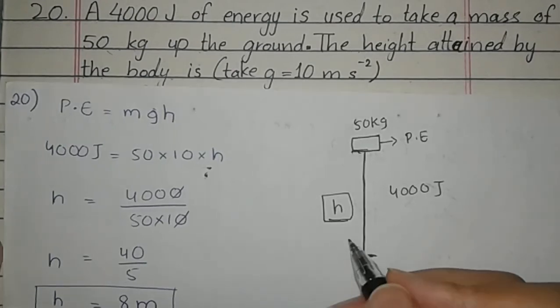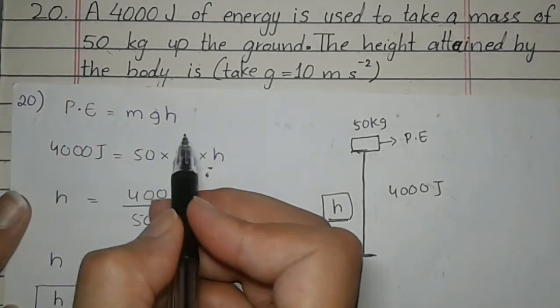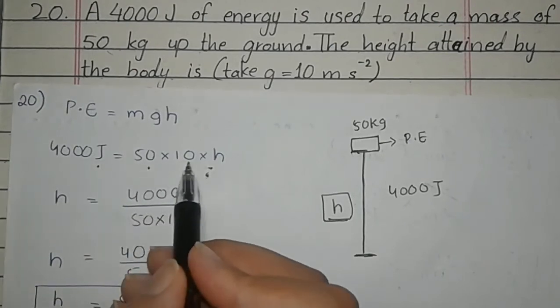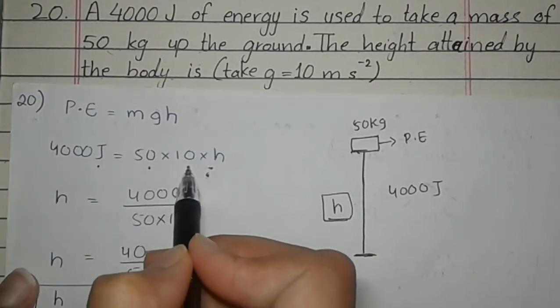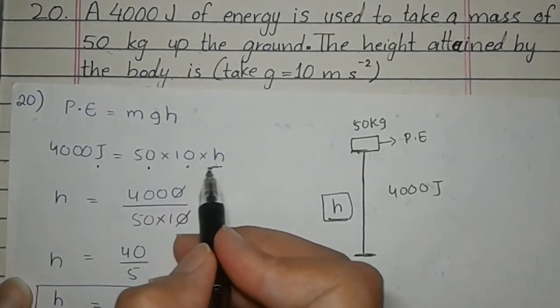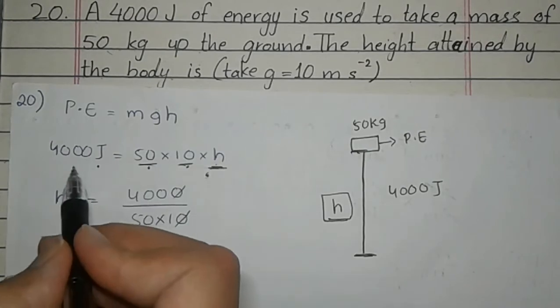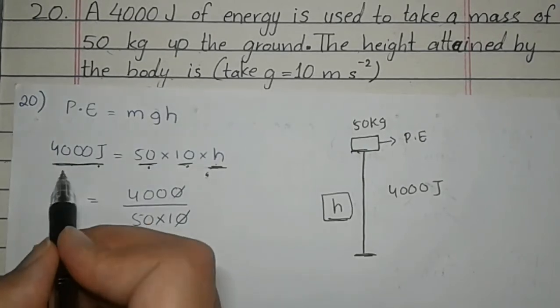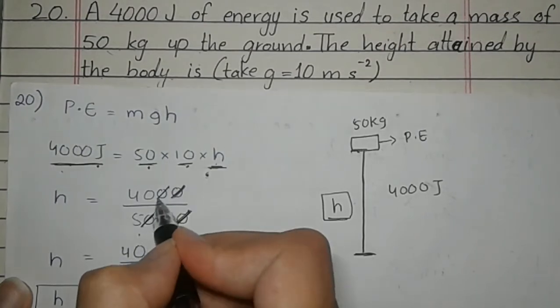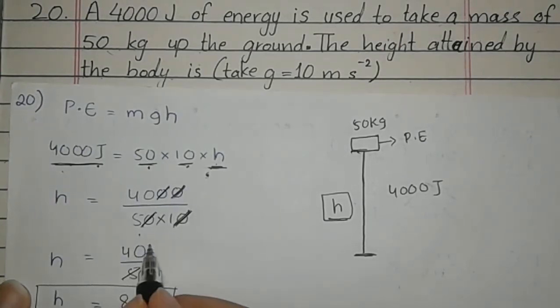Now look here, potential energy is equal to mgh. 4000 joule is equal to 50, the mass of the body, g is 10, the gravitational acceleration, and we have to find the height. So bring these two terms into the division. Here in the division, 0 will cancel 0 and this one will cancel this one, so 5 8s are 40.